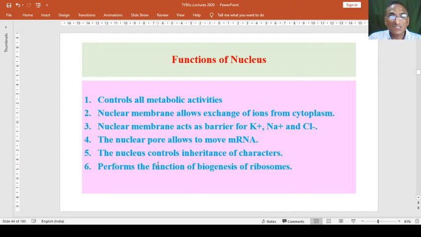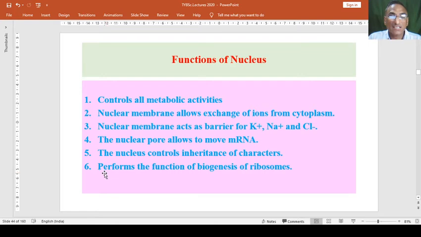The nucleus controls inheritance of characters. As the nucleus has RNA and DNA, DNA is the genetic material and RNA are the materials which help in preparing protein molecules.